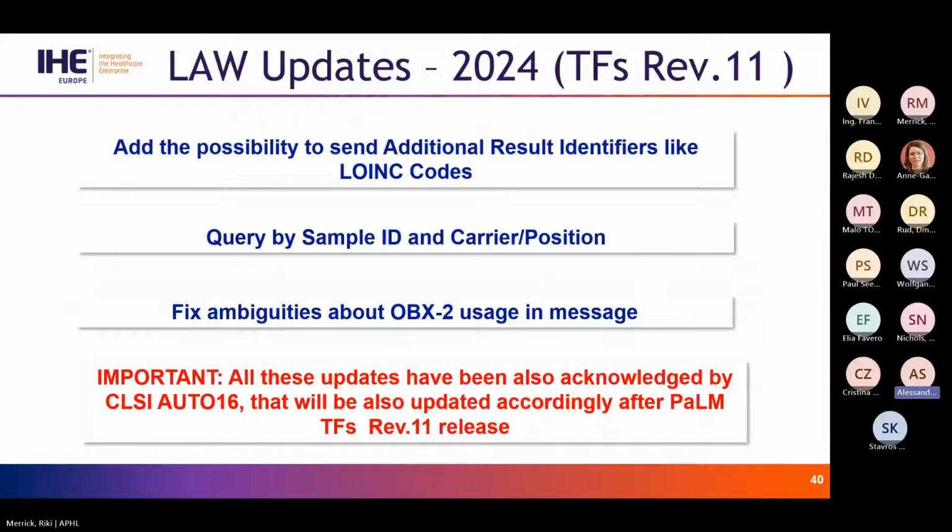That is something that vendors asked to add, and we will add it in revision 11, and then fix some ambiguity about the usage of OBX-2 in the HL7 version 2 message. One important thing is that this update has also been acknowledged by the CLSI AUTO16 standard, and it will be updated accordingly after the PaLM revision 11 release.